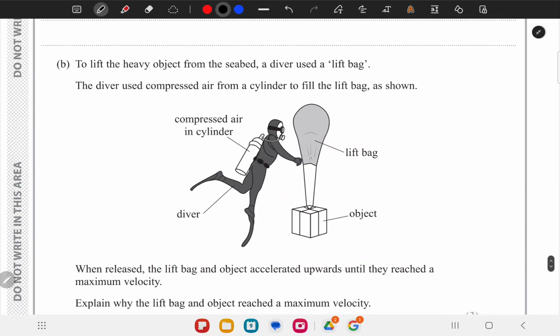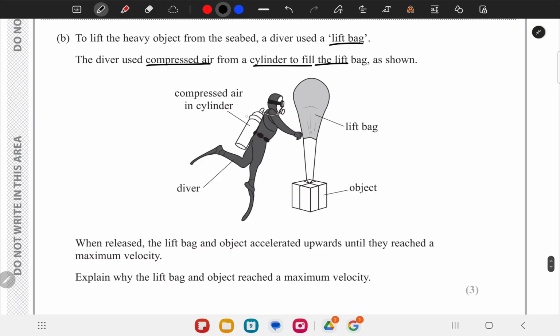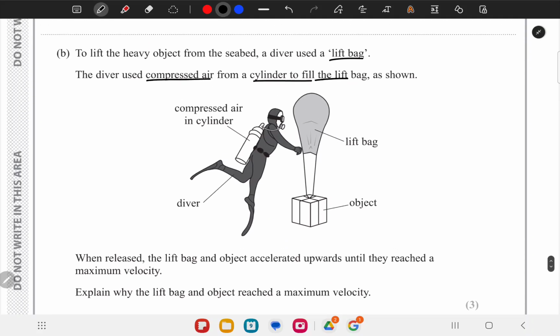Now for part B, we are told that to lift a heavy object from the seabed, a lift bag is used. A diver uses compressed air from the cylinder, his air tank, to fill the lift bag with air.